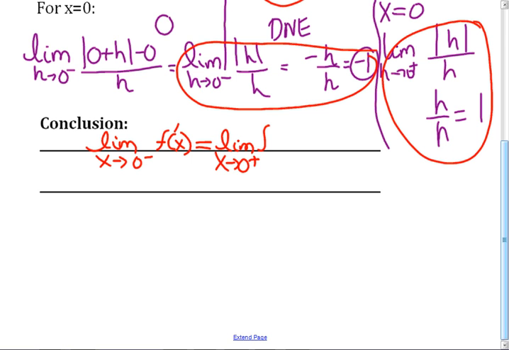I want you to realize they're limits. And the slope from the left, because it's the limit, has to equal the slope from the right. So those limits are not the same. Sorry, does not equal. Therefore, remember the symbol for therefore, 3 little dots? The derivative does not exist.